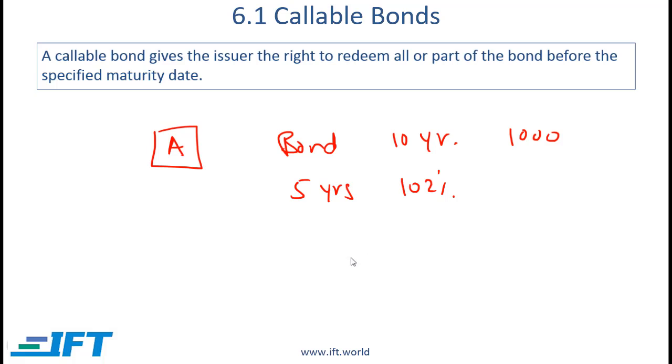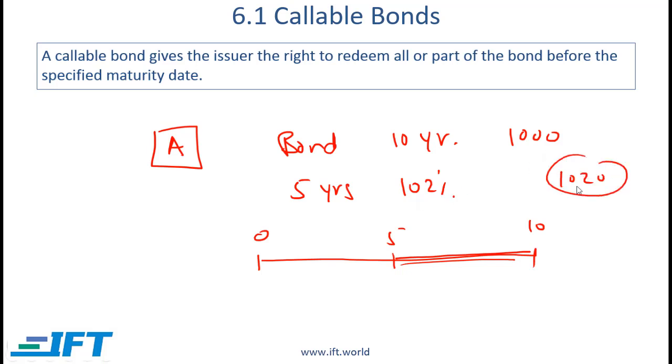Now, what does this mean? Given that this is a 10-year bond, after 5 years, if the company wants to, it can pay the investor 102% of par, so that would be 1020, and redeem the bond or call it back.